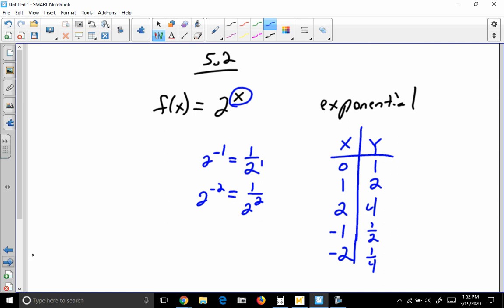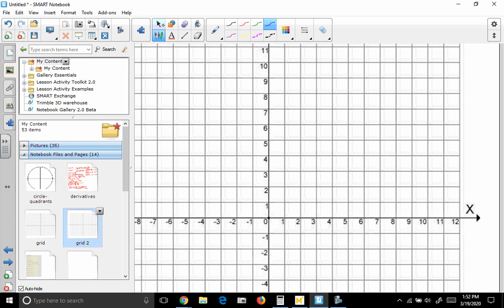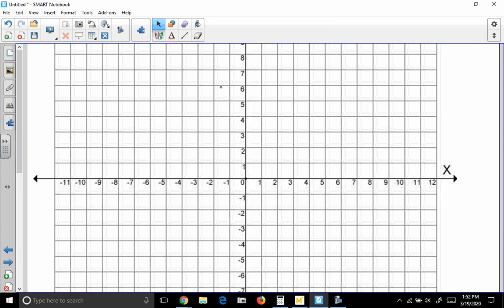Now if we graph those, we have 0, 1, 1, 2, 2, 4, -1, 1/2, -2, 1/4.